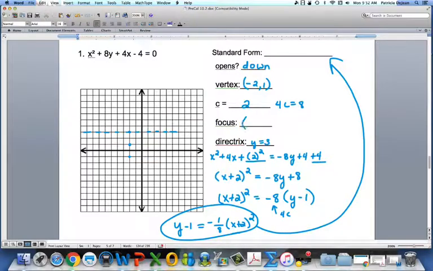And our focus will be at (-2, -1). And then 2 times c is 4, so 4 spaces to the right and left of the focus. 1, 2, 3, 4. And 1, 2, 3, 4. We've got our points on the parabola, and that allows us to draw in the graph.